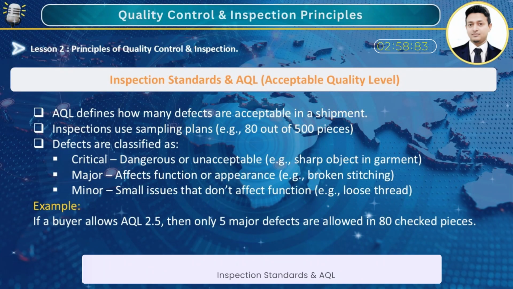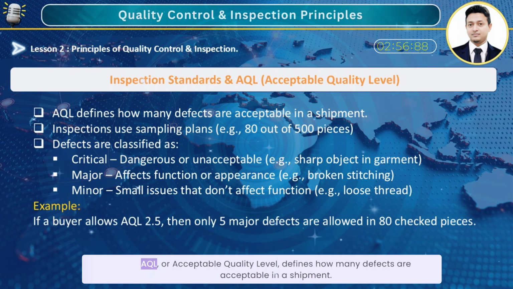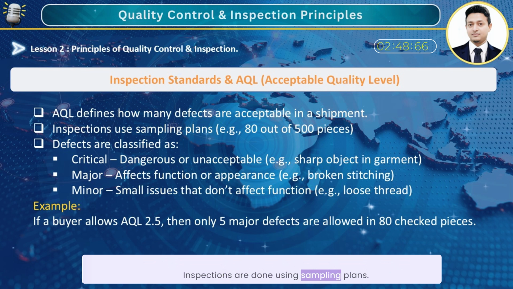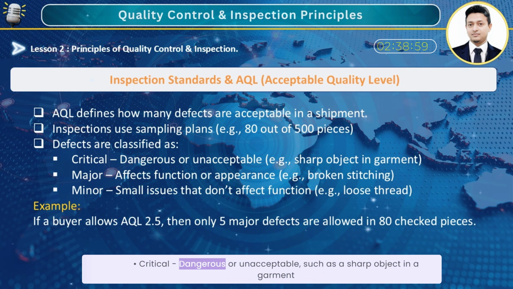Inspection standards and AQL. AQL, or acceptable quality level, defines how many defects are acceptable in a shipment. Inspections are done using sampling plans. For example, checking 80 pieces out of 500. Defects are classified as critical, dangerous or unacceptable, such as a sharp object in a garment.